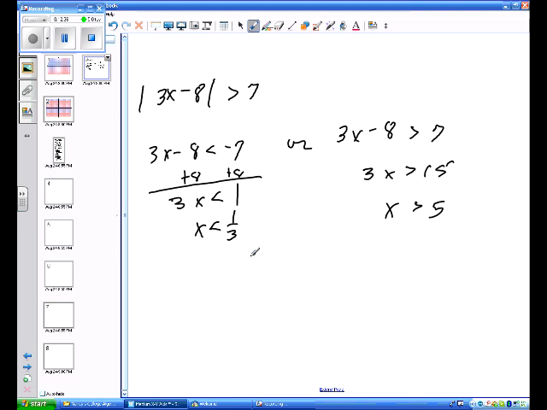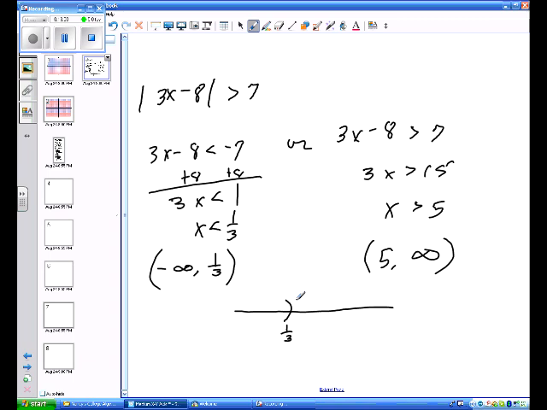This is an or statement. You have to write two separate answers. It's less than 1/3, so it's coming from negative infinity to 1/3, or starting at 5, it's going to positive infinity. Graphing it, we would have it's less than 1/3, or greater than 5.